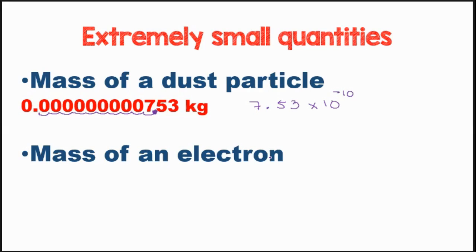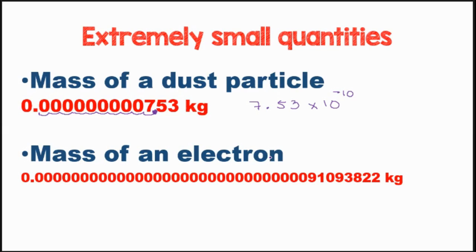This is the more tiring one. Oh my God. There it is. So, how can we represent this in scientific notation? Let's count. We are going to move our decimal point here and units to the right. It should be between 9 and 1 to make our A between 1 and 10.